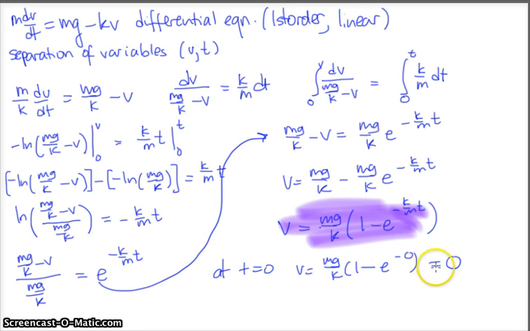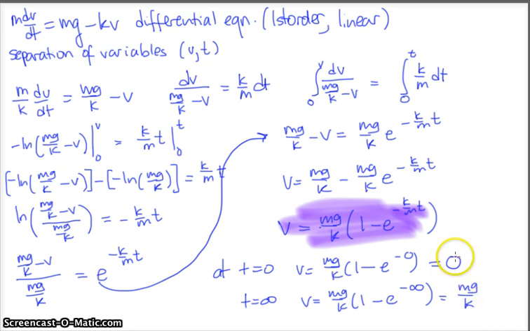At t equals 0, velocity is 0. If we plug in t equals infinity, v equals mg over k times 1 minus e to the negative infinity. E to the negative infinity is 0. 1 minus 0 is 1, so I just get mg over k, which is quite gratifying because that is what was on the earlier page equal to the terminal velocity.